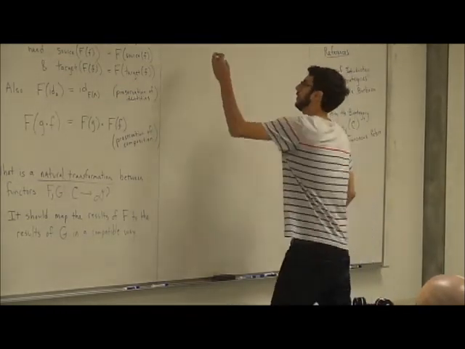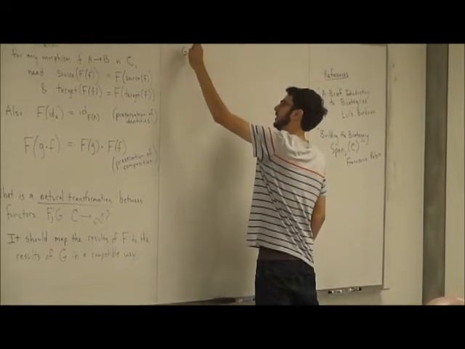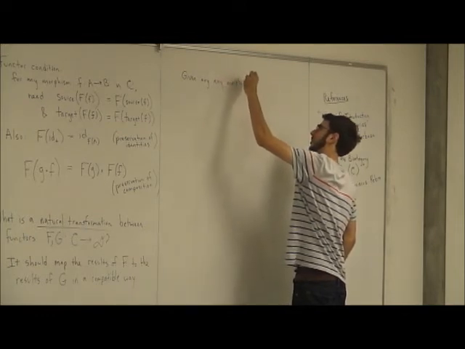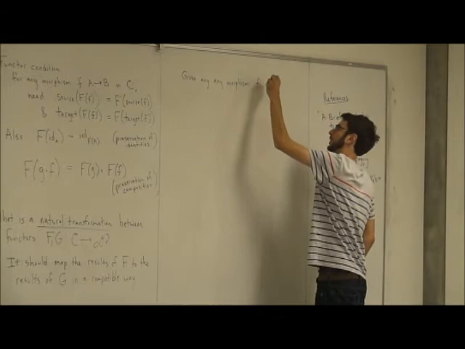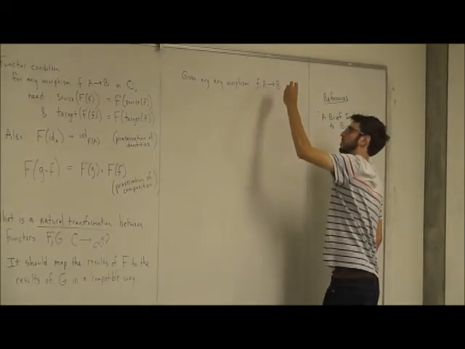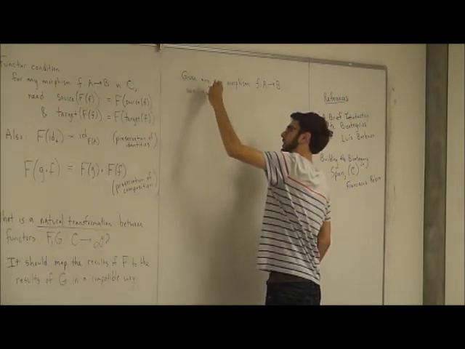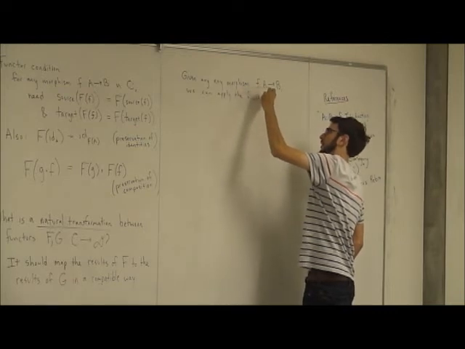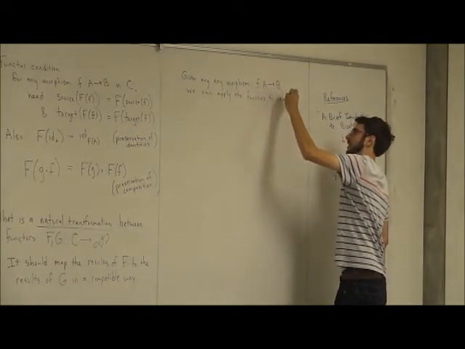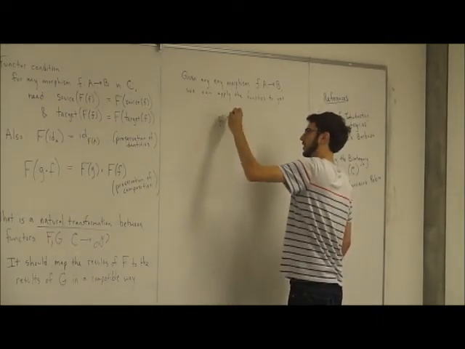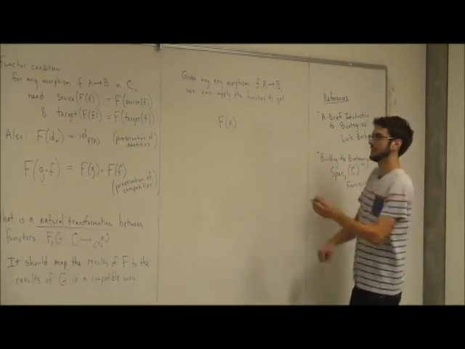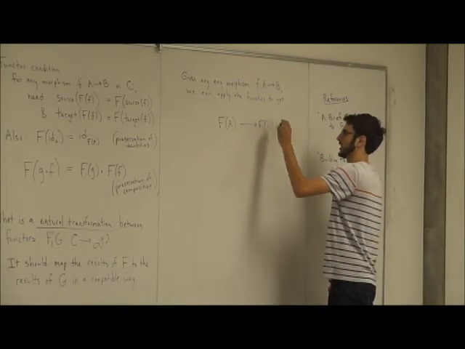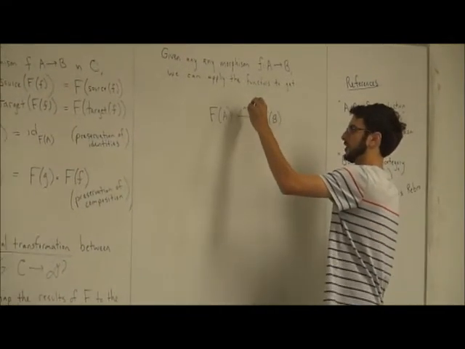So here's the idea. Given any morphism, little f, from A to B, we can apply the functors. So we have capital F, it hits A, and it hits B. Those give a couple of objects over in D. And it hits the arrow.